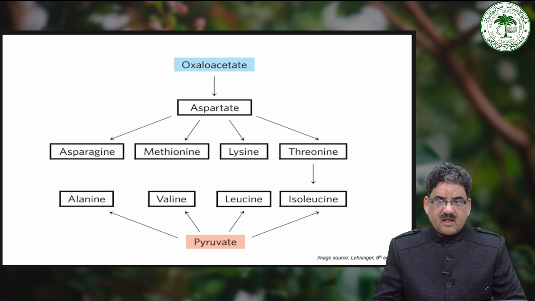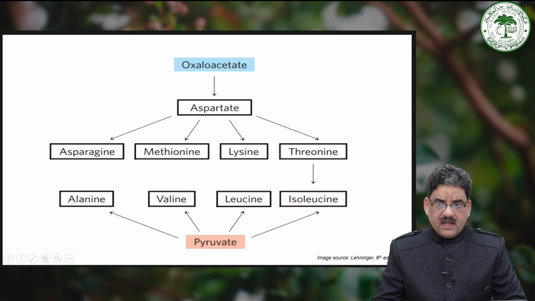Then we have oxaloacetate and pyruvate, which synthesize about 9 amino acids such as aspartate, asparagine, methionine, lysine, threonine, alanine, valine, leucine and isoleucine.